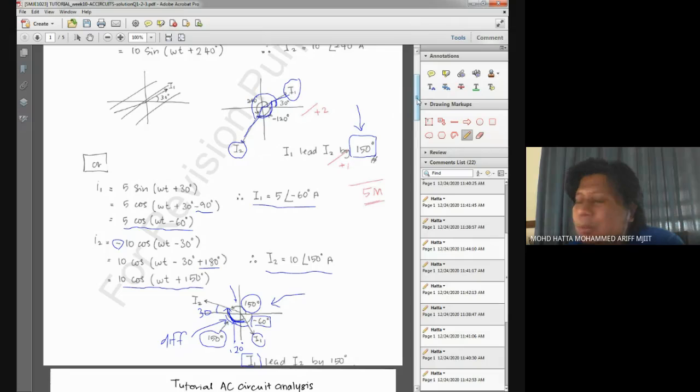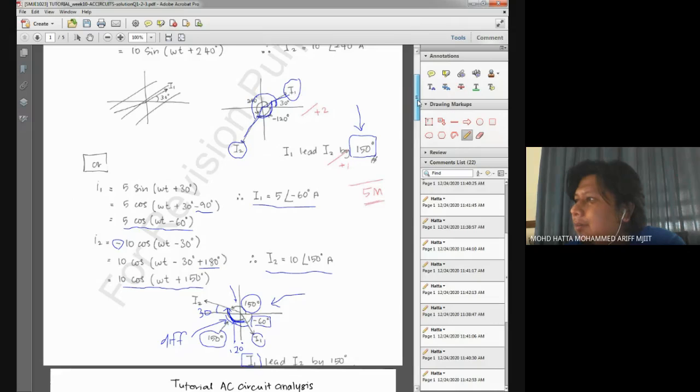The one that Nasif asked is a very important question for you to take note of, because I was also expecting that you would ask about that kind of question, because it's very confusing. Which one should be the correct way to determine the phase difference between those two vectors? All right, please take note of that. Clockwise direction.